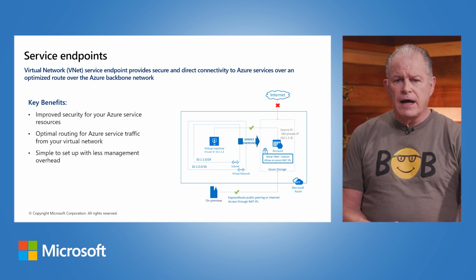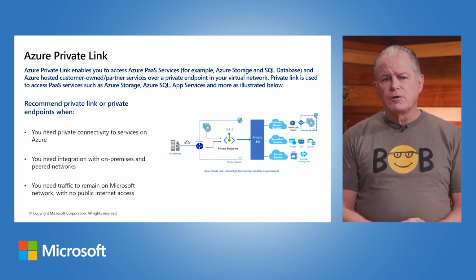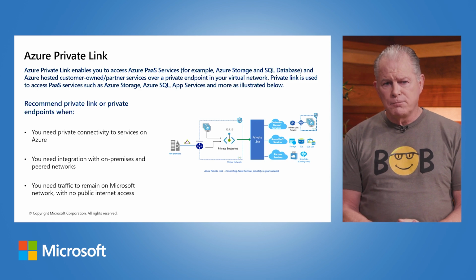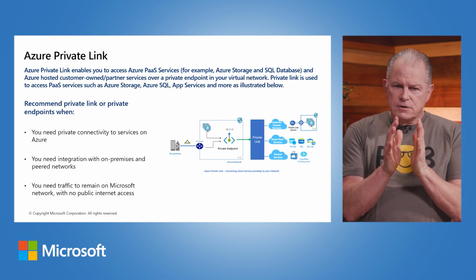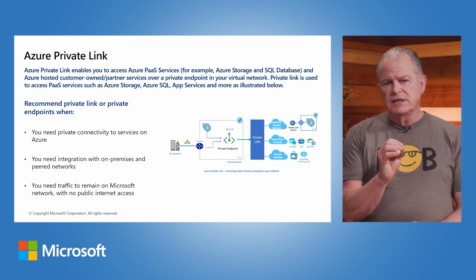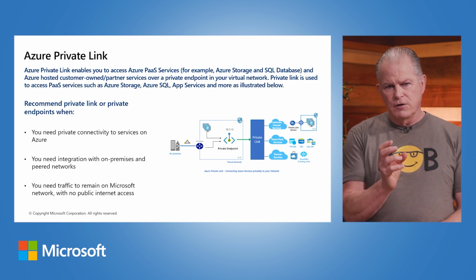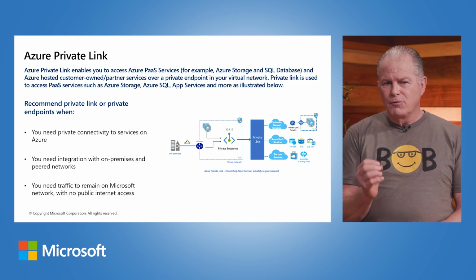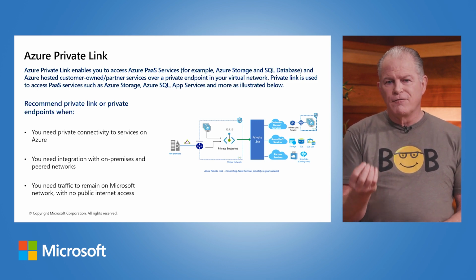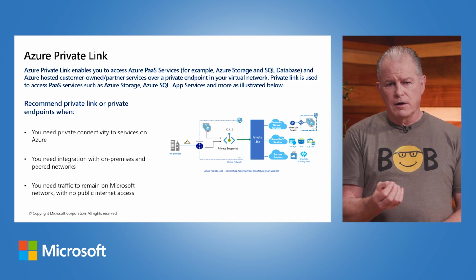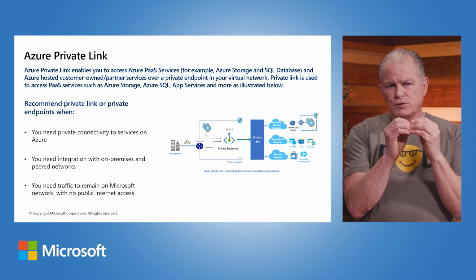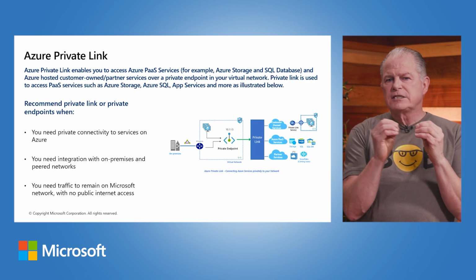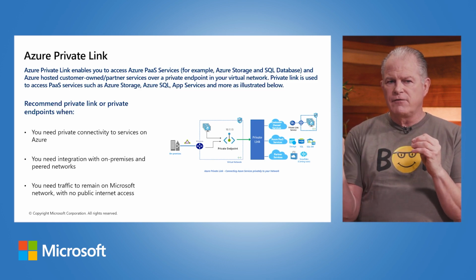The other option is to use what's called a private link and a private endpoint. This narrows the focus down. It doesn't open up the VNet that you're communicating on to a service. It puts, for all intents and purposes, a virtual network card in your network, gives it an IP address, and ties that virtual IP address to a specific instance of a service.